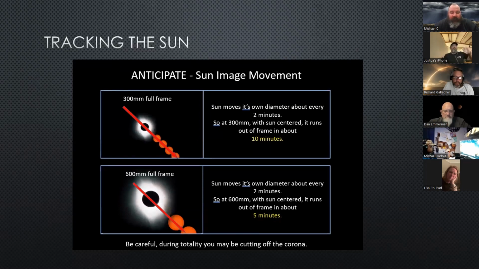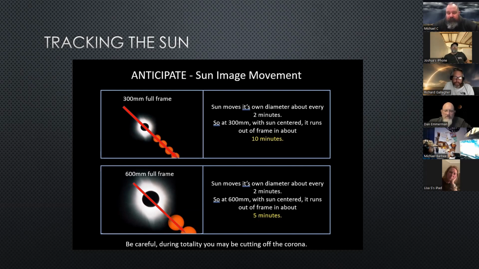At 600 millimeters, you've got about 5 minutes before it runs out of frame, and you have to reposition the camera. But just know that you're going to be moving your camera and tracking it as you go.